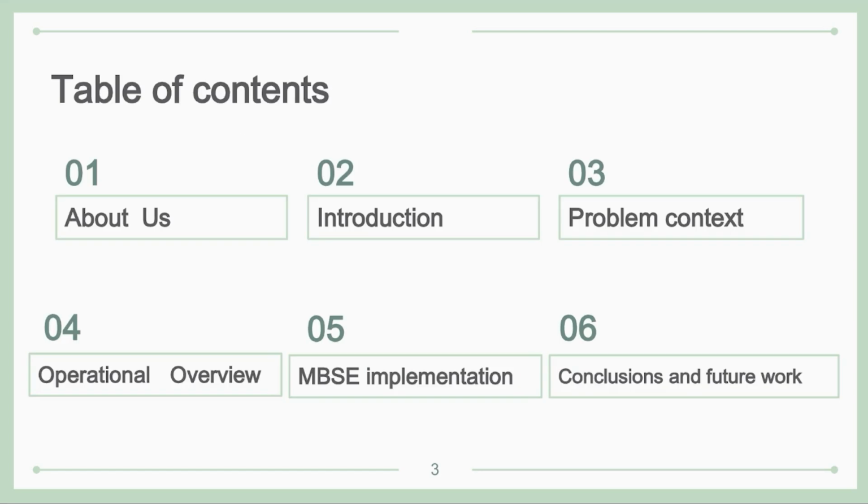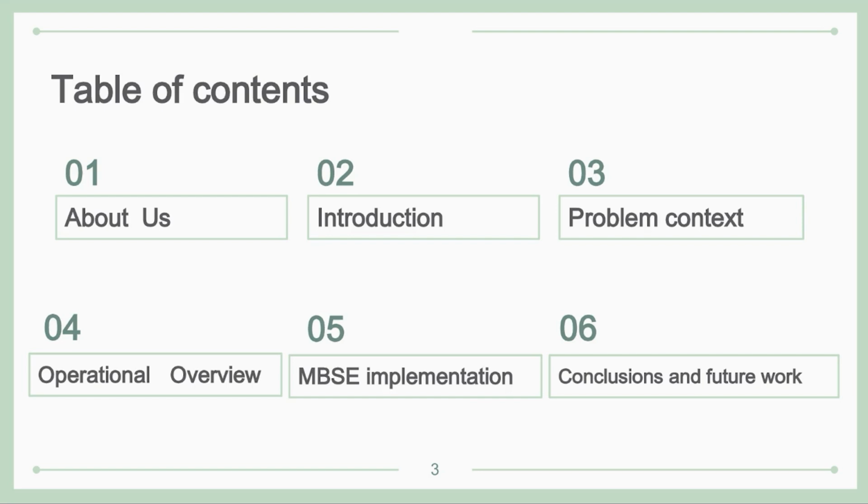Here is an overview of what we'll be discussing today. Our presentation is divided into six sections. First, we'll start with About Us, where we'll introduce the team behind this project. Next, we'll provide an introduction to the concepts and motivations that inspire our work. Following that, we will explore the problem context, identifying the key challenges in traditional search and rescue missions.